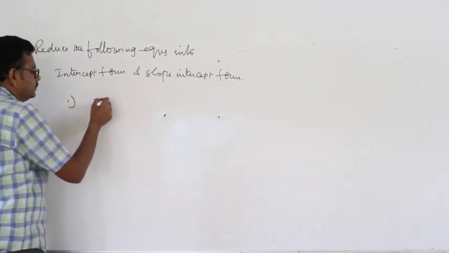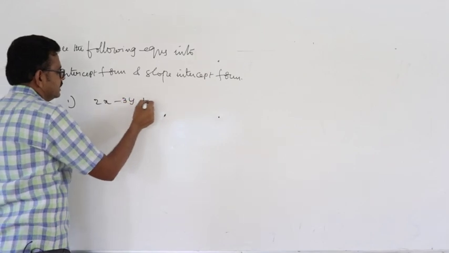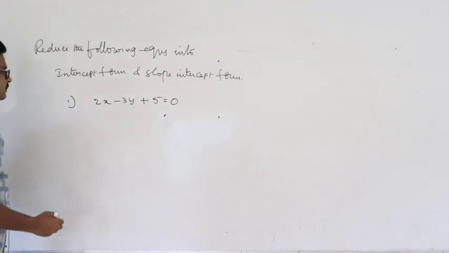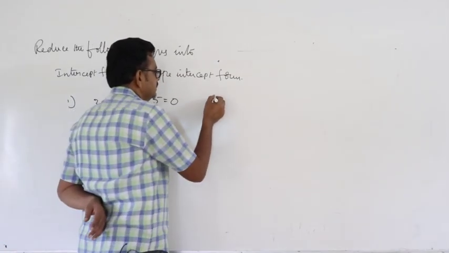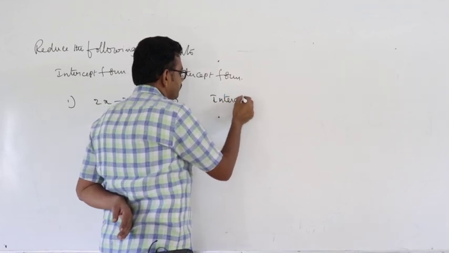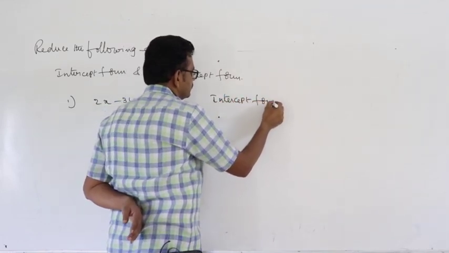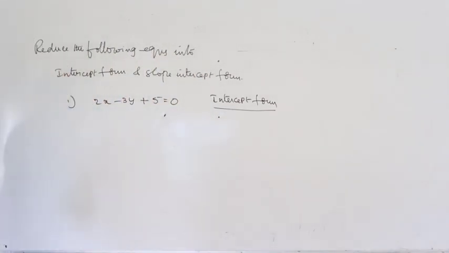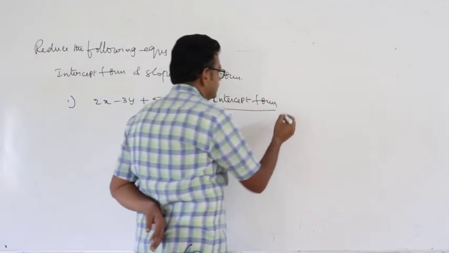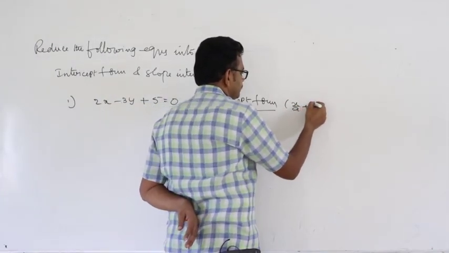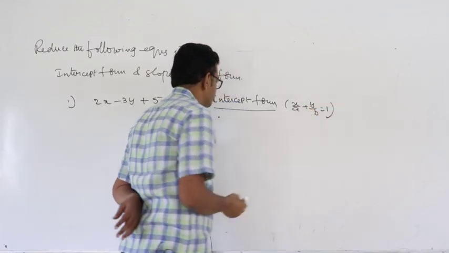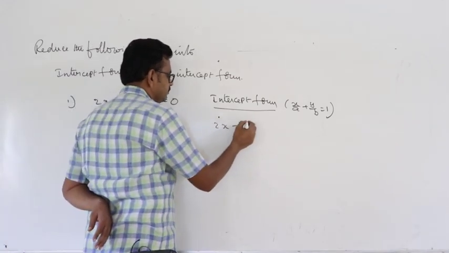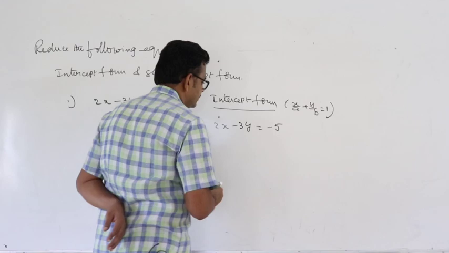First problem, 2x minus 3y plus 5 equal to 0. First one, intercept form. What is intercept form? Intercept form is x by a plus y by b equal to 1. Okay? This equation is 2x minus 3y equal to minus 5.